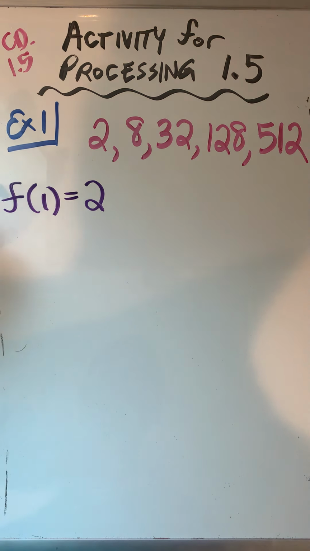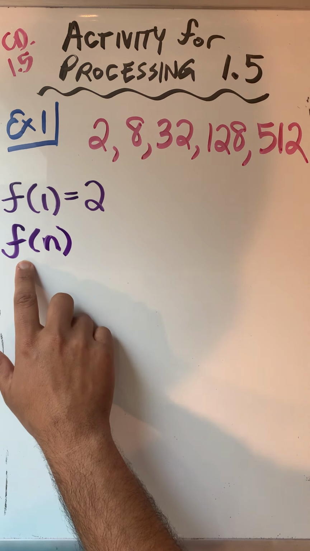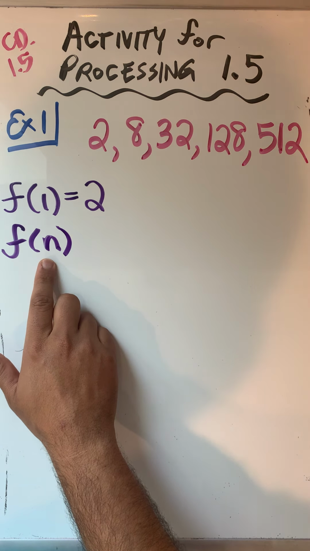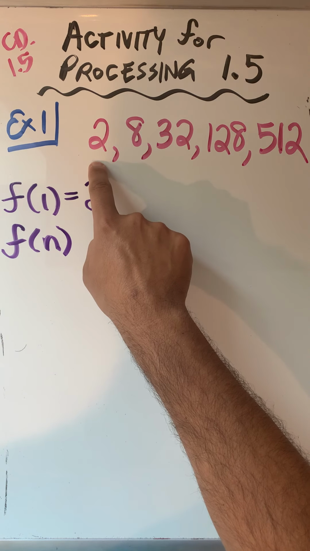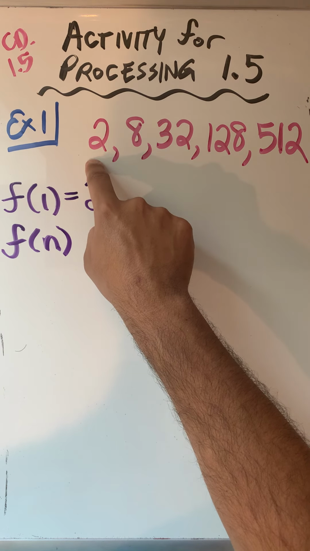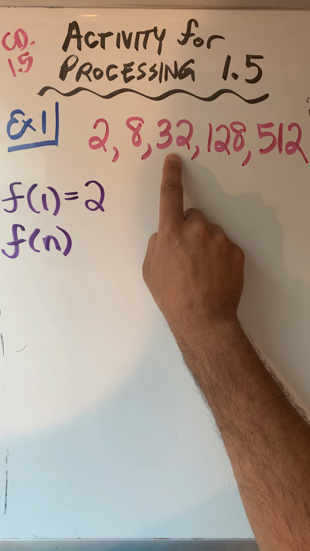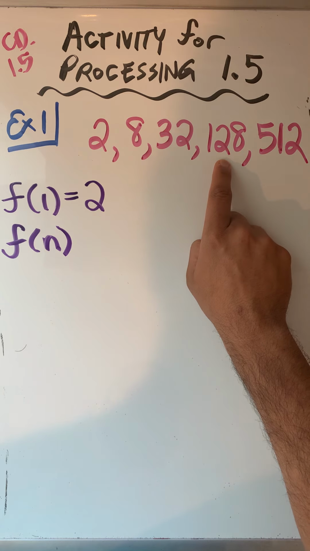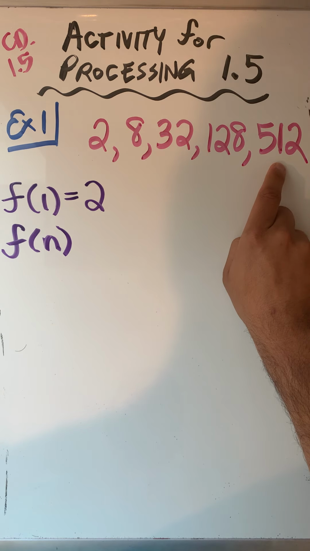Now we also have the other notation, f of n, and this is meant to represent the term or term value. So f of 1 is 2, f of 2 is 8, f of 3 is 32, f of 4 is 128, and f of 5 is 512.